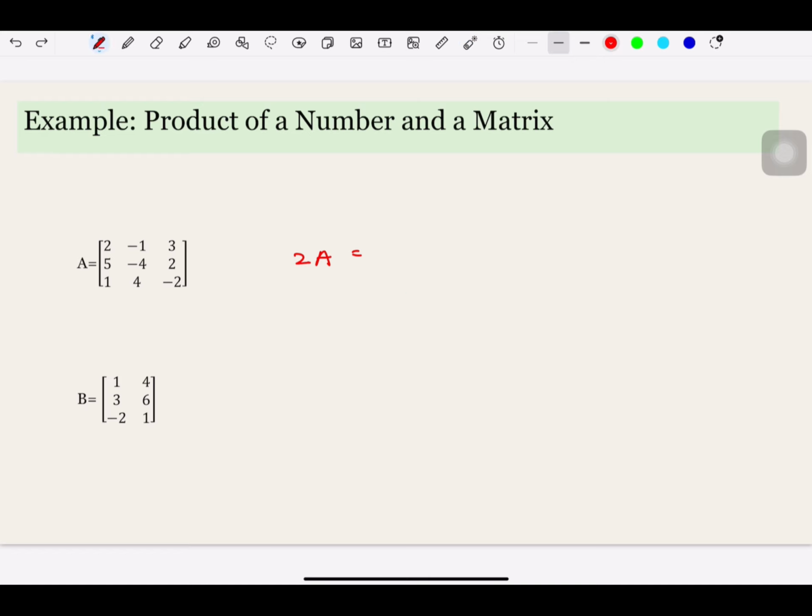The first entry is going to be 4. This is negative 2, if you multiply negative 1 by 2, it's a negative 2. 3 by 2, it's 6. And then 5 by 2, a 10. Negative 8, 4, 2, 8, negative 4. So this is your new matrix.